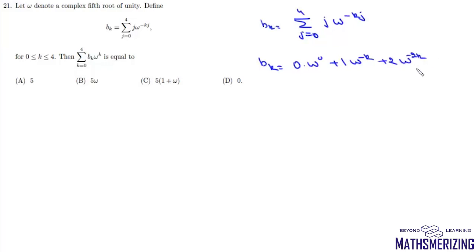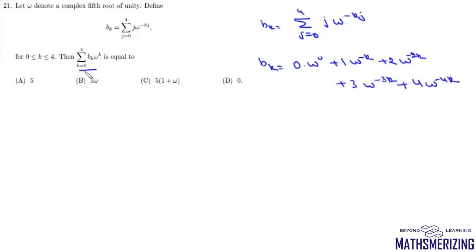Question number 21 is, let ω denote a complex fifth root of unity, then define b_k as the summation j varies from 0 to 4 of j·ω^(−kj). Now we can write this b_k as 0·ω^0 + 1·ω^(−k) + 2·ω^(−2k) + 3·ω^(−3k) + 4·ω^(−4k).